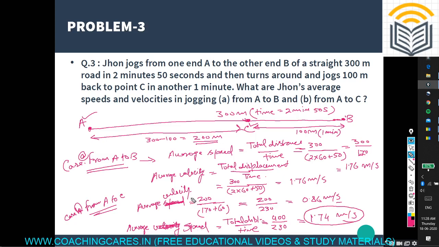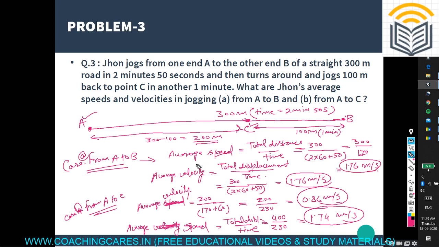So these are the answers we got. This is average speed. I calculated velocity initially, that was the displacement, average velocity while considering the movement A to C. While considering the case A to B, the average velocity is 1.76 and average speed is 1.76.